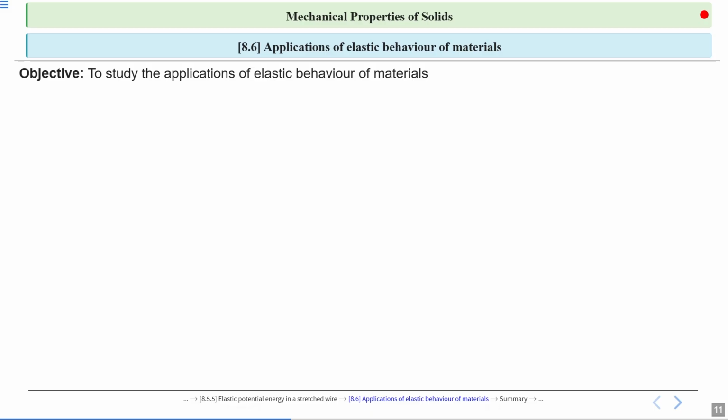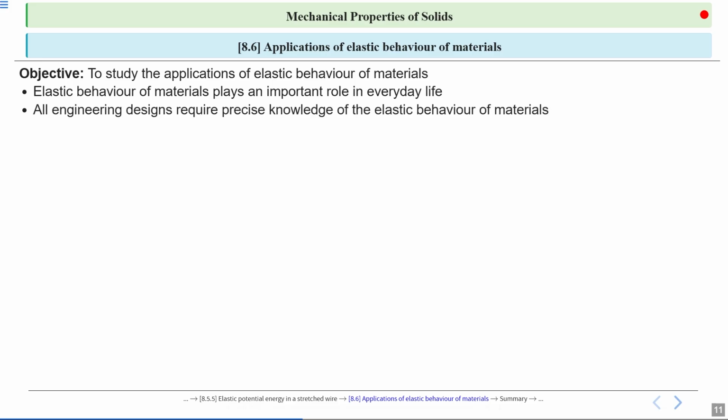So students, now we will look at the applications of elastic behavior of materials. Let's examine how elastic behavior affects our daily life. For example, when you sit on a chair, the material bends slightly under your weight, but returns to its original shape when you stand up. Yes or no? So, all engineering designs require precise knowledge of the elastic behavior of materials.